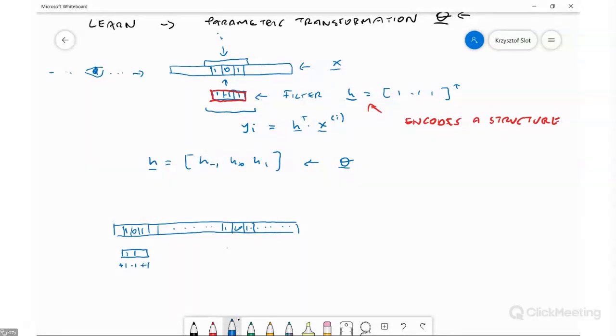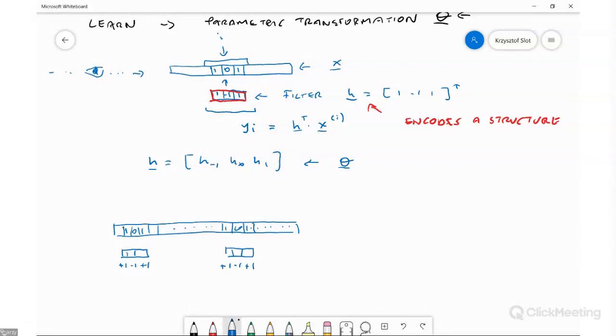And here it should be exactly the same. So I need to use the same filter for transforming this input vector of data.